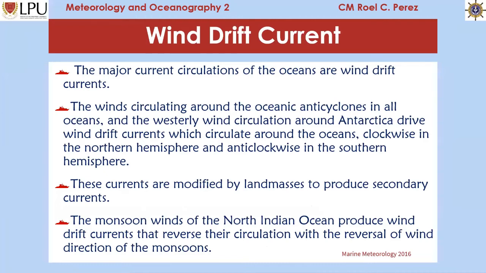These currents are modified by land masses to produce secondary currents. So because of the land mass, naghihiwalay yung main current and then it will produce secondary currents. And then the monsoon winds of the North Indian Ocean produce wind drift currents that reverse their circulation with the reversal of wind direction of the monsoons.